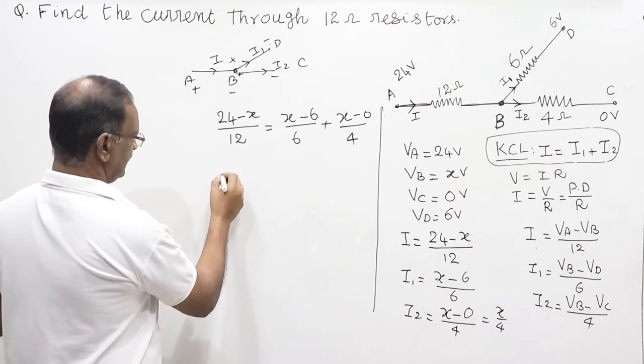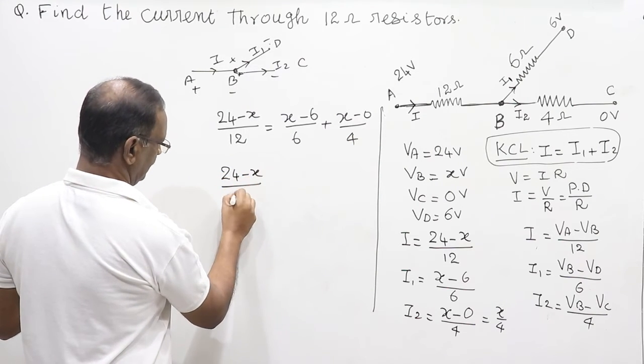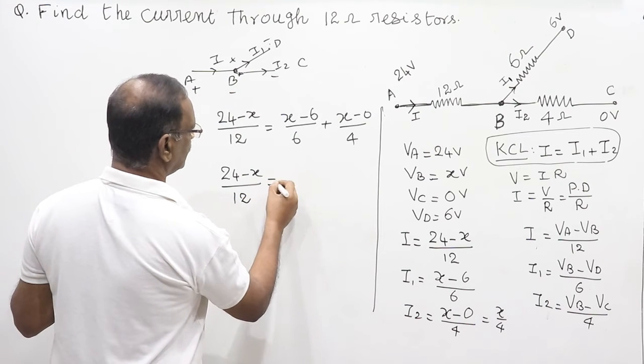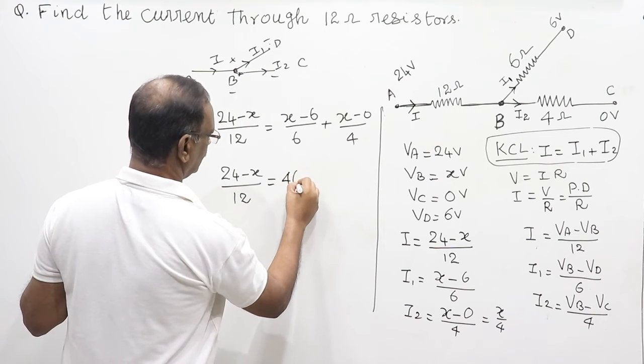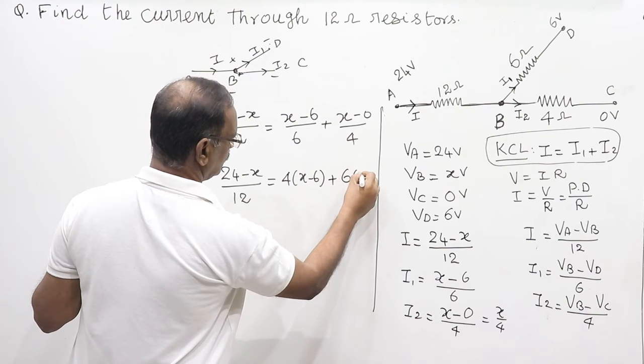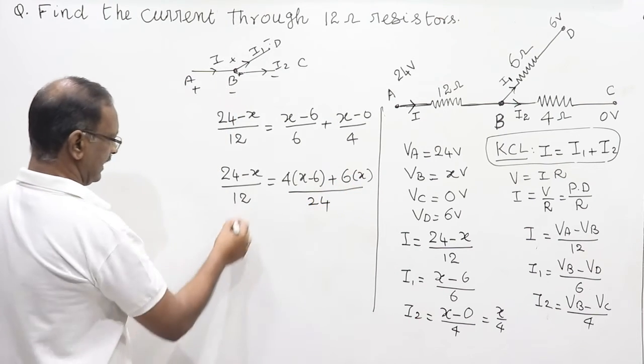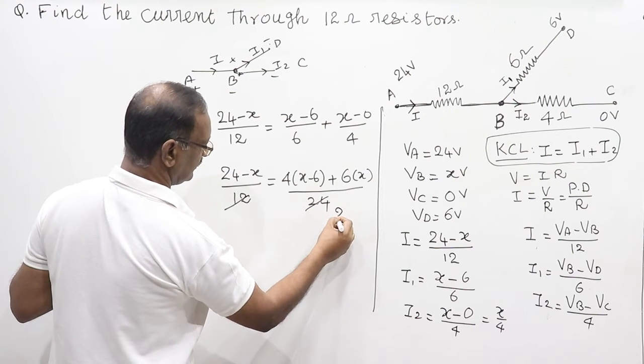On simplification, this will become 24 minus X divided by 12 is equal to 4 into X minus 6 plus 6 into X divided by 24. Cancelling, this is equal to 2.